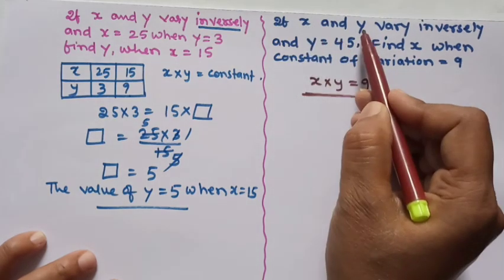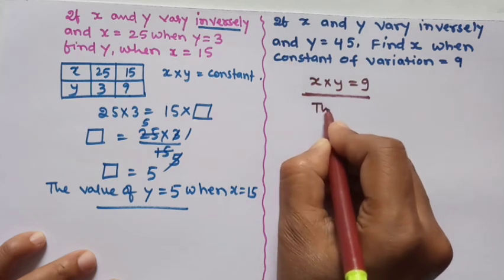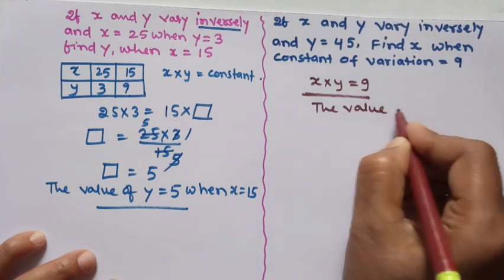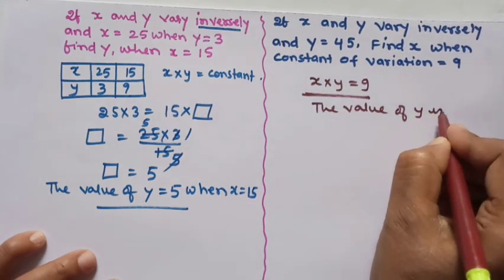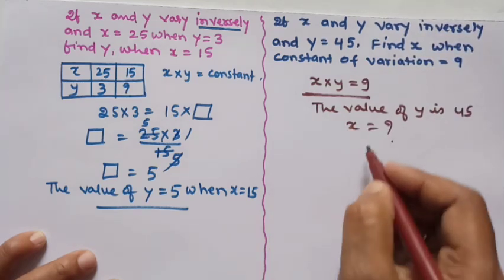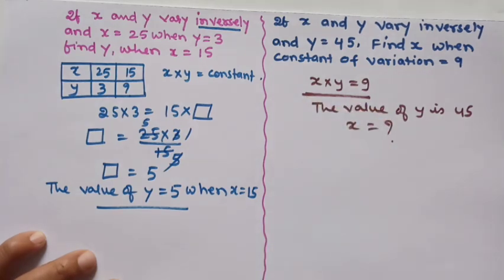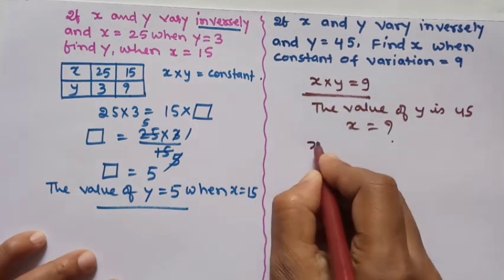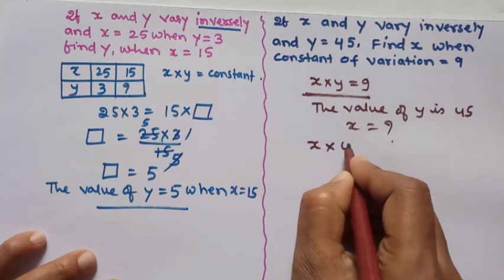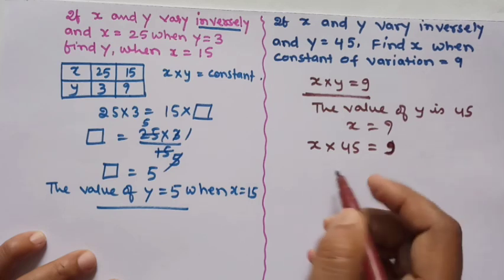Now if x and y vary inversely, y is equal to 45. Now you want to know what is the value of x. So just substitute these values here. X into 45 must give you 9.